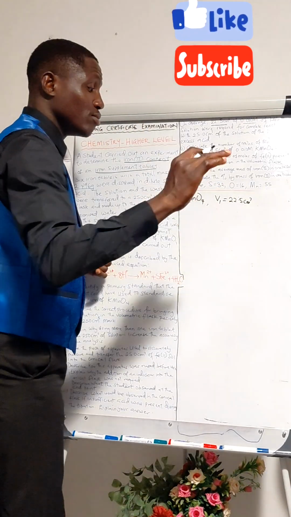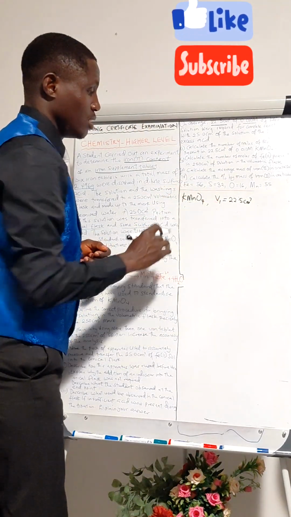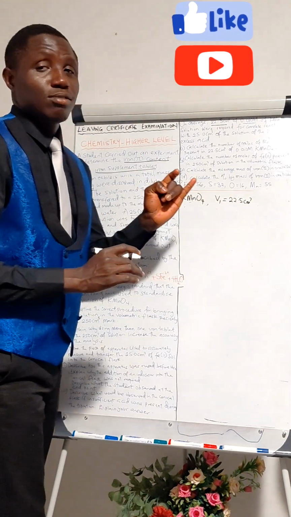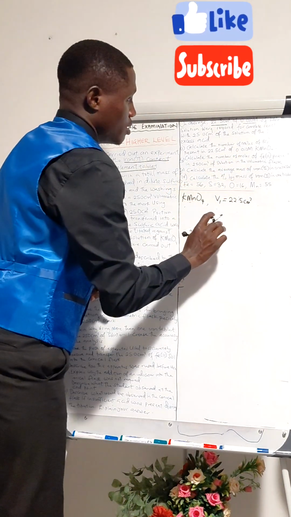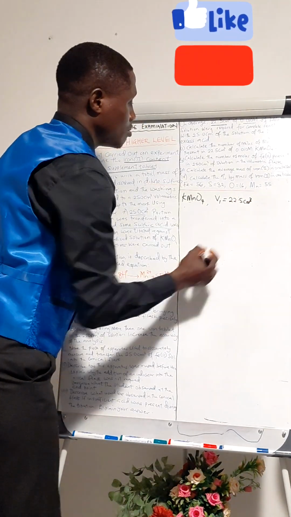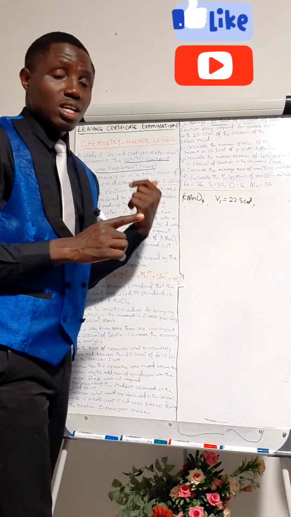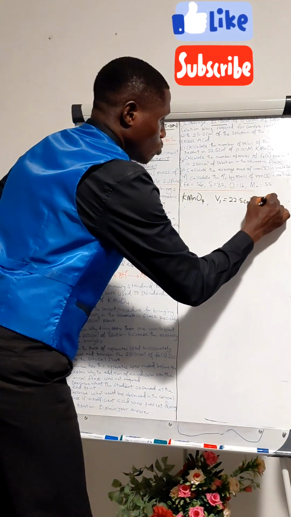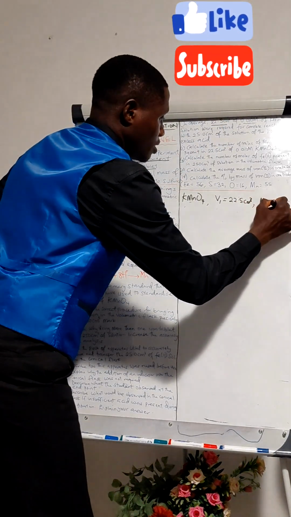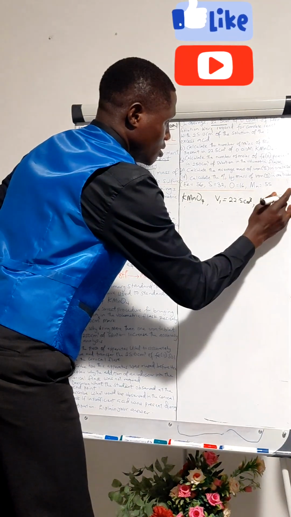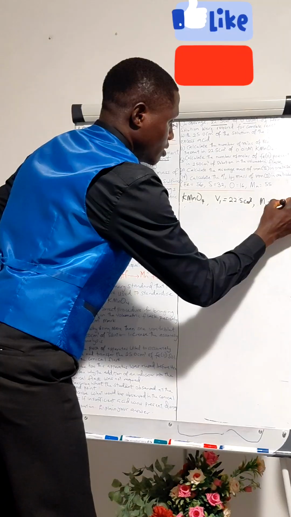That is the average volume that was used. I call it V1 because I take KMnO4 as the first solution. And the concentration of KMnO4 that was given is M1, which is 0.010 molar.